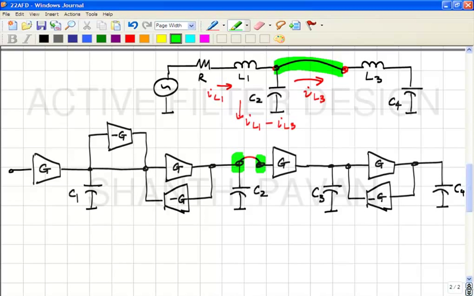What we have not done so far is the other part of what the wire was doing earlier, which is remove IL3 from C2. Correct? Now the question is, is it possible at all for us to find what IL3 is? We need to remove IL3 from C2. Right now, what is the current flowing into C2 in the active prototype?